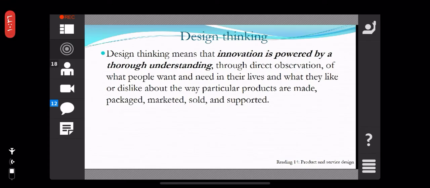So through direct observation of what people want, I mean, people means customers, clients, consumers, so they use the word people. What they want and need in their lives and what they like or dislike about the way particular products are made, packaged, marketed, sold, and supported. So this is known as design thinking.